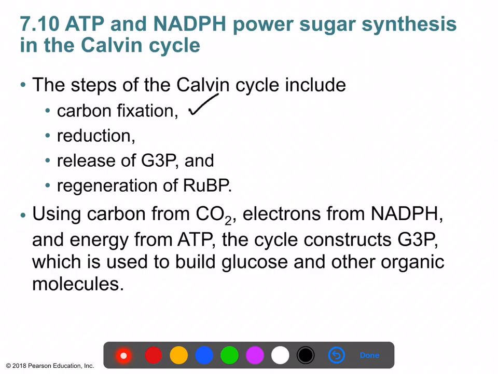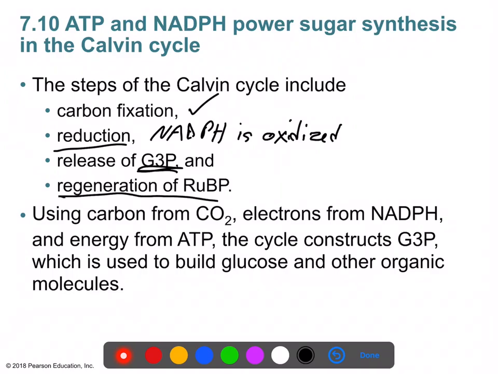All right, so in summary, there was a carbon fixation step. There was reduction of organic molecules, but that came at the expense of oxidation of NADPH. So this is the molecule providing the electrons in order to reduce what will eventually be sugars.